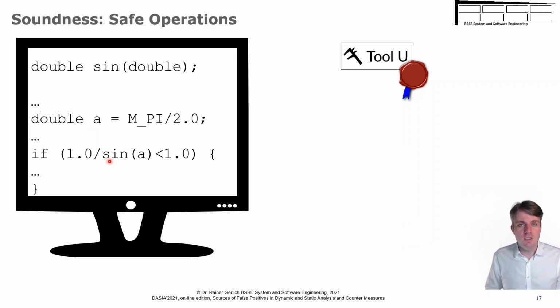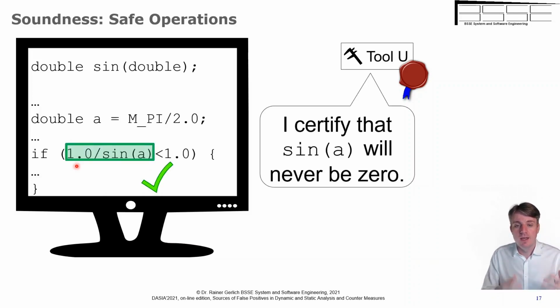So when we reach this statement here, sin a will evaluate to something close to 1, so this division is safe. And a sound tool might see that and then certify that sin a will never be 0, and soundness would mean that we can trust this statement.